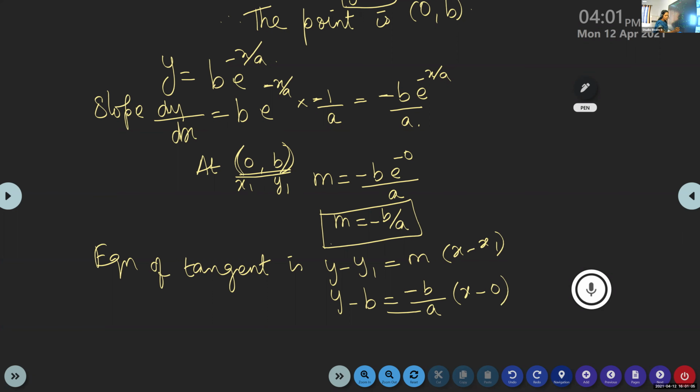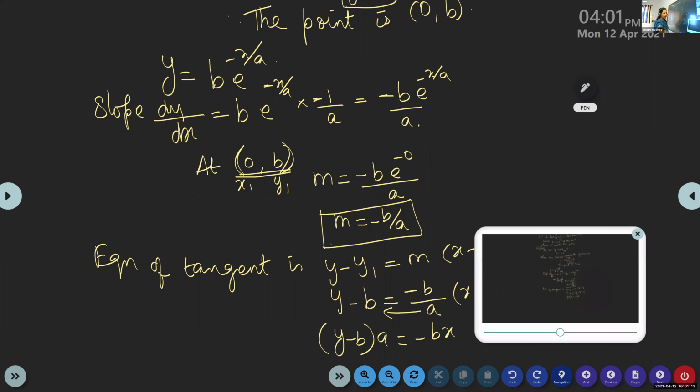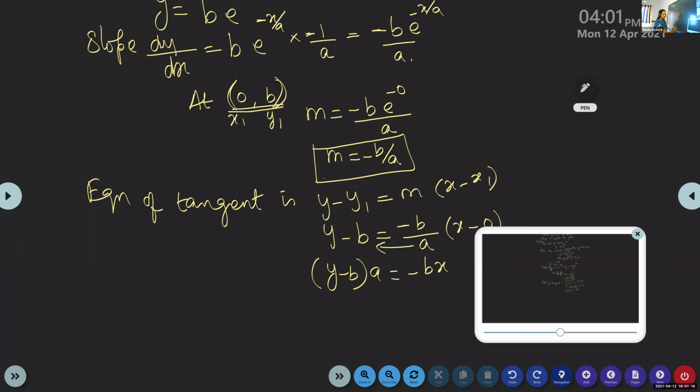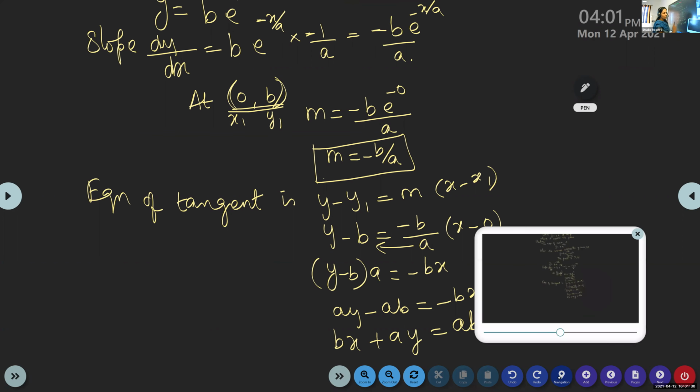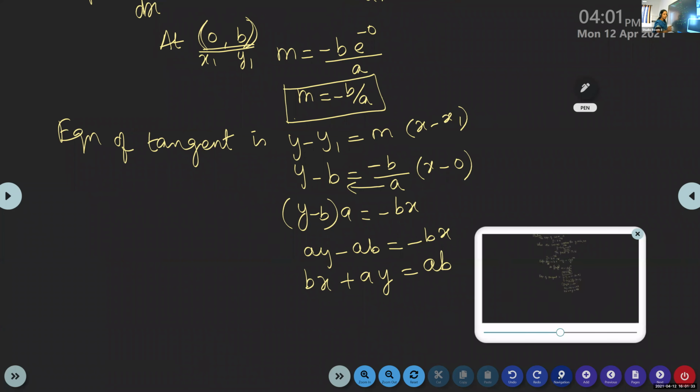Now we cross multiply the a. y minus b into a is equal to minus b into x. Now simplify and you'll get the answer. That is ay minus ab is equal to minus bx. If we take minus bx to the other side, bx plus ay is equal to ab. Look at the form we need. We don't want ab; we want x by a plus y by b.